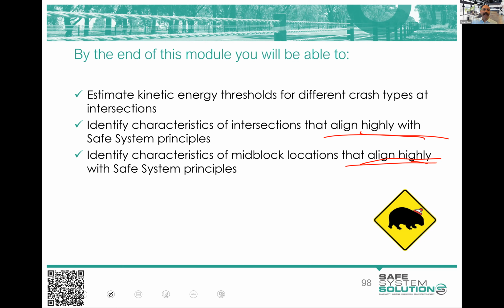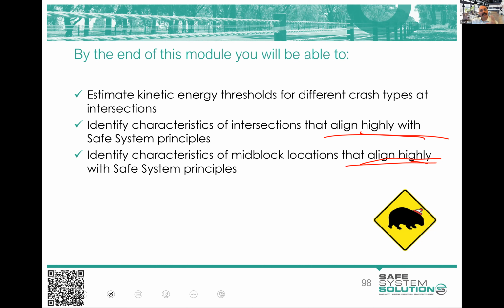The reason for that is that the safe system is a spectrum of how well we're aligning with these principles that we talked through in the last session. It's not this binary, yes, that's safe system, or no, it's not. It's funny when you see the programs and the work out there, and people will say, oh, that's not safe system. And you're like, well, there's elements of it that are, and there's bits, and some of it is, and then some of it's not so good.